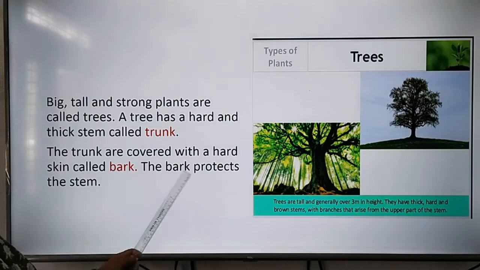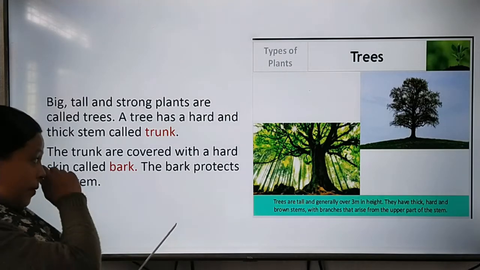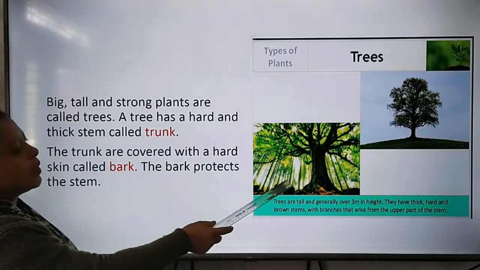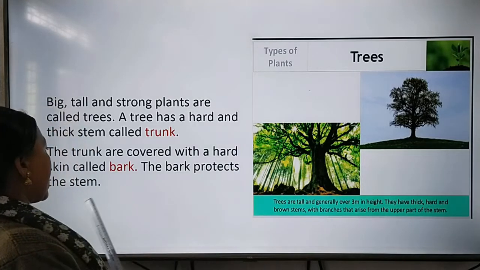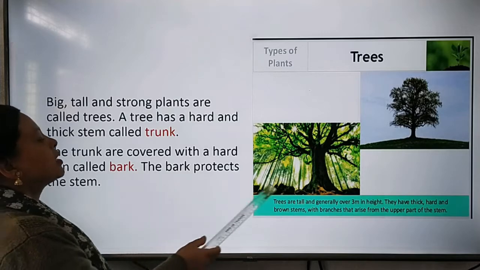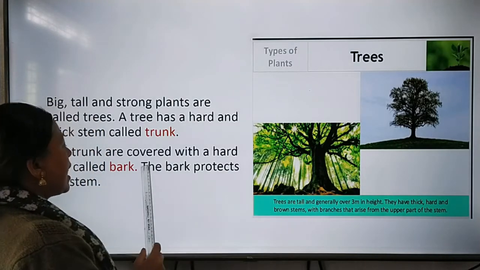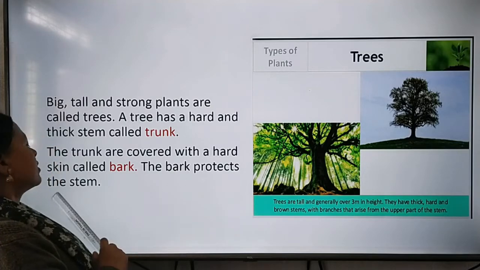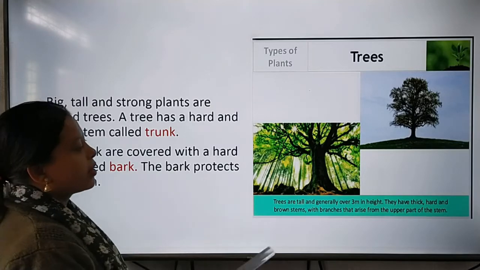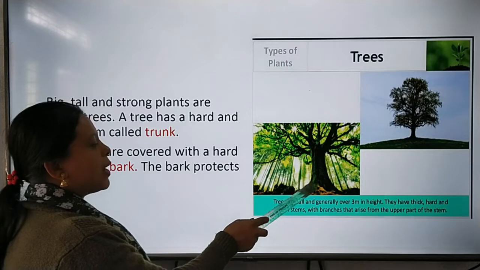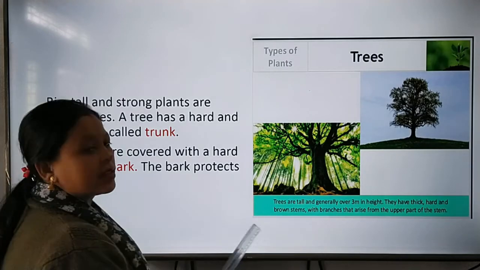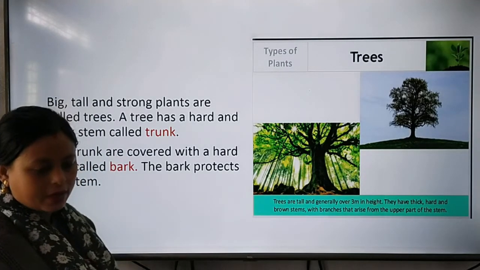The bark protects the stem. This is called bark, the outer side of the stem. Okay, what is the function of the bark? Bark protects the stem.